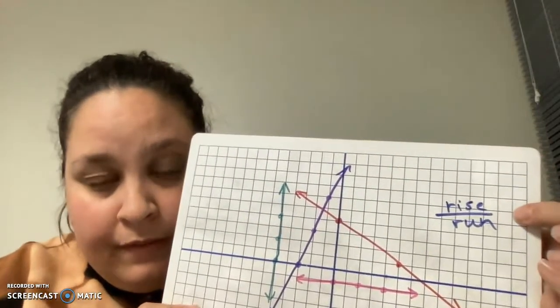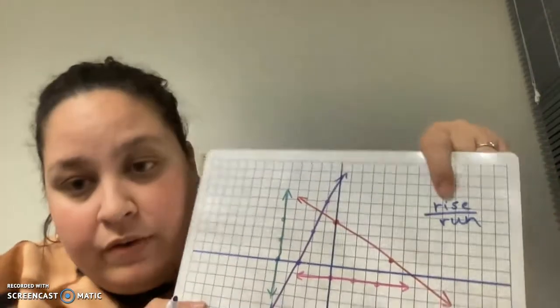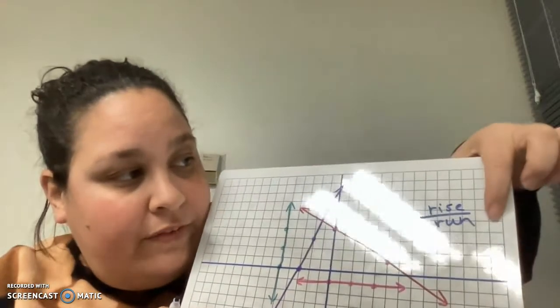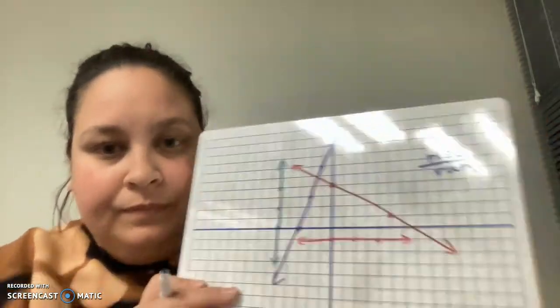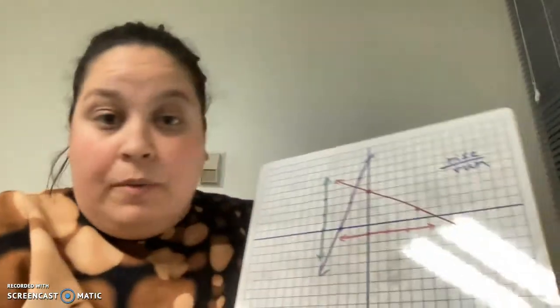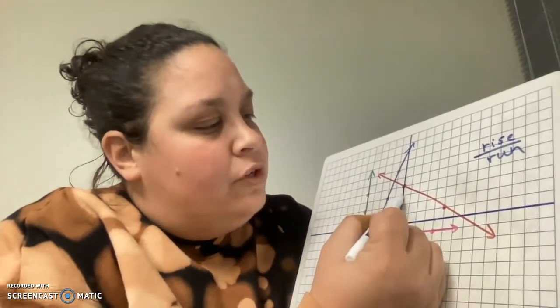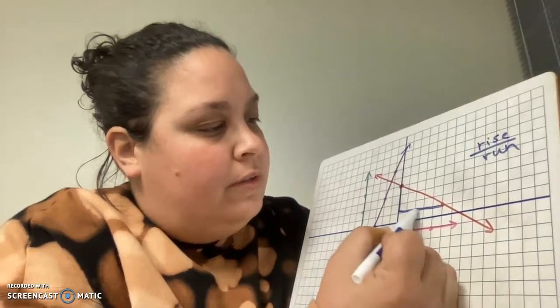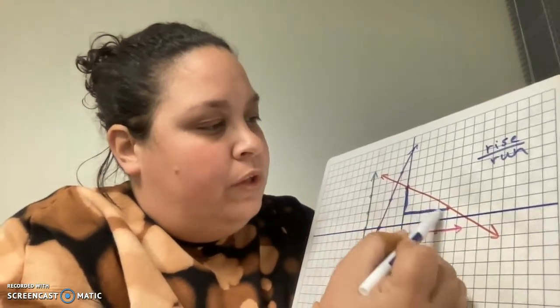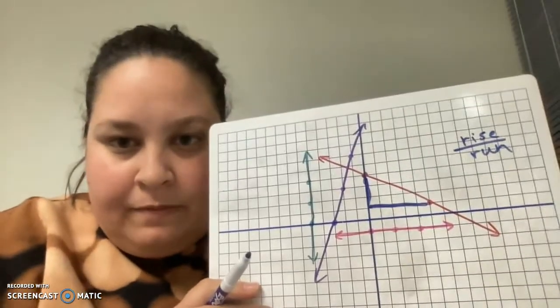Remember, slope is rise over run. So we want it to be a fraction, and we want the up and down number to go first and the left and right number to go second. Okay? So again, you're pausing the video, you're checking, you're seeing if you can do this. So let's start off with this red line. If I were to draw a little triangle, that triangle would look just like this.